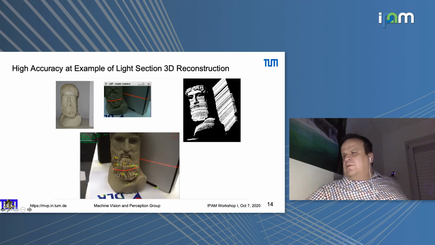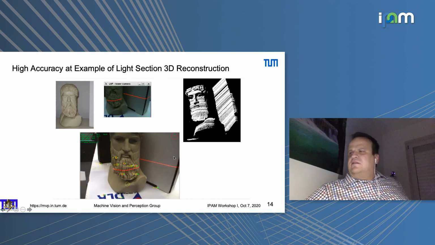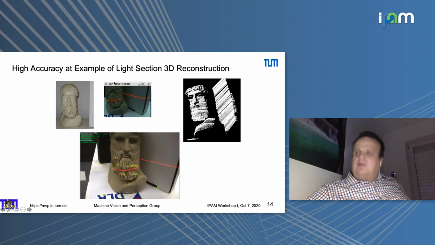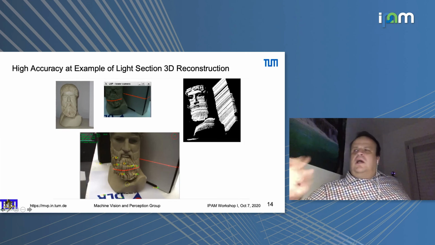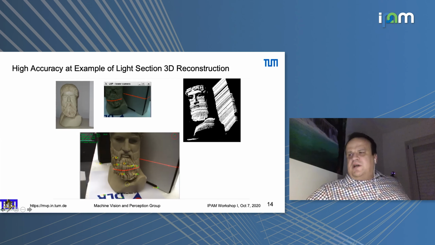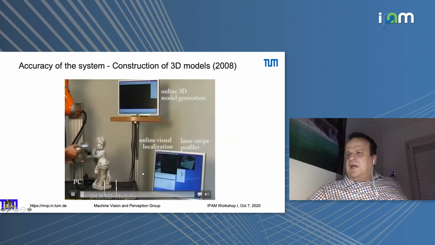So one application we used a lot in museums was to reconstruct 3D information just by looking at how a laser line is deflected, a light section laser system. While sweeping the line across the object, we could get a 3D model. Of course, you see that for each motion, each line had to be registered very accurately to each other. And here you see the system in action.